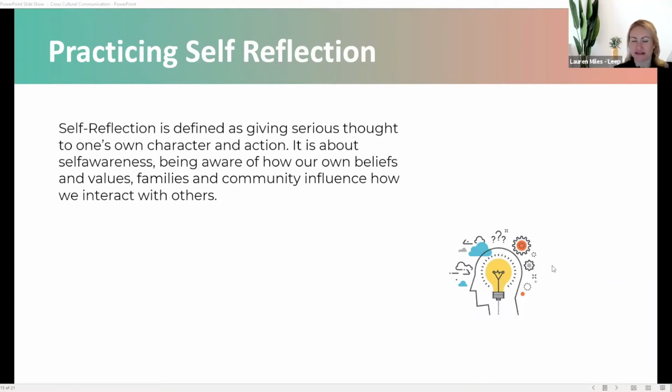When I talk about self-reflection, I'm talking about setting time aside to really think about how your own beliefs and values, your upbringing, and your community influence how you interact with other people. This is really important when you're volunteering because you're going to meet lots of people from lots of different backgrounds.